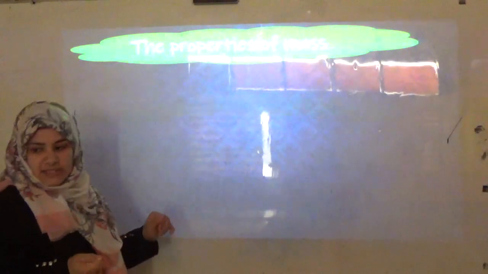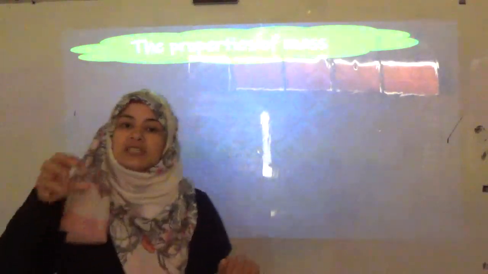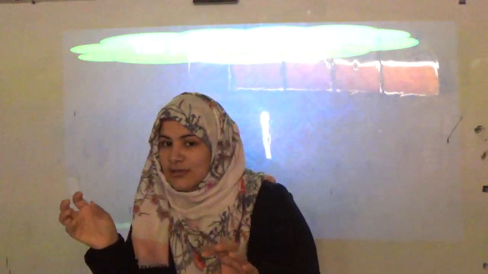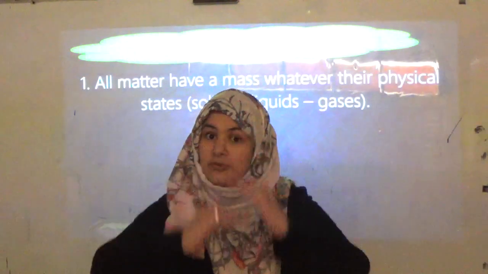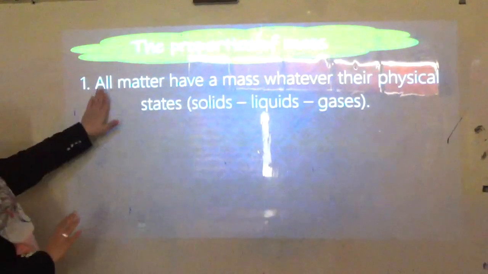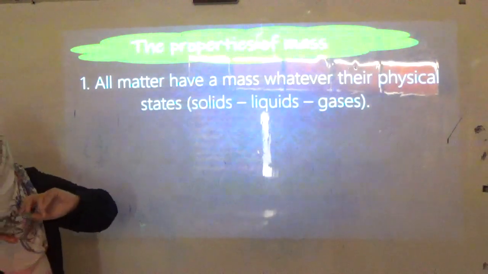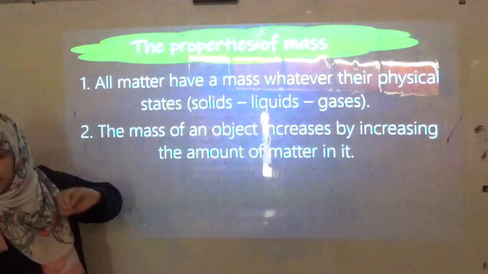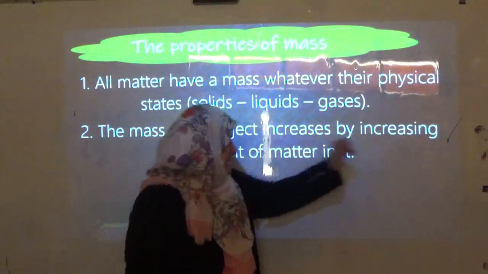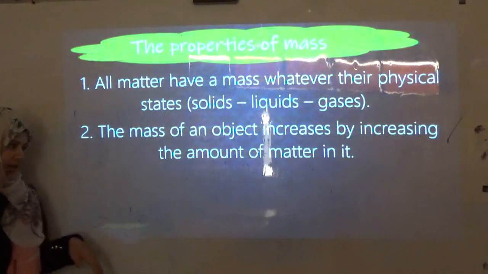For your pencil case, when you put all your supplies in the pencil case, it will be heavy. If you take them out, the mass of the pencil case will decrease. So, the first property of mass that we have talked about: the mass of an object increases by increasing the amount of matter in it.